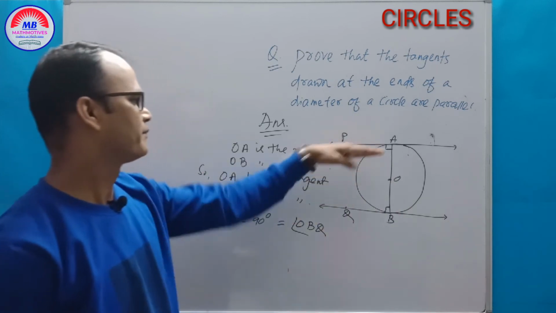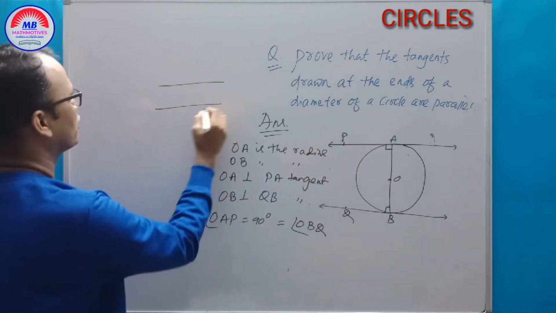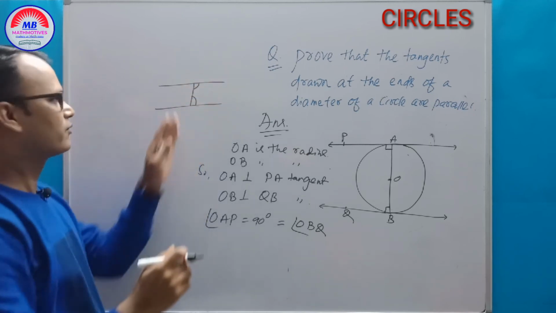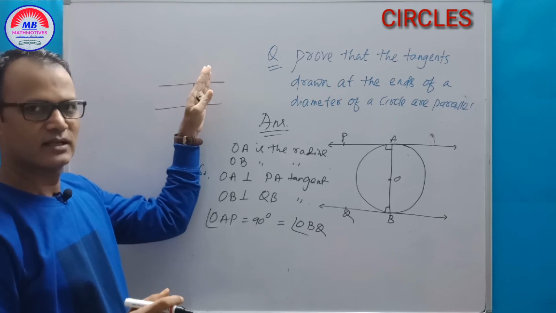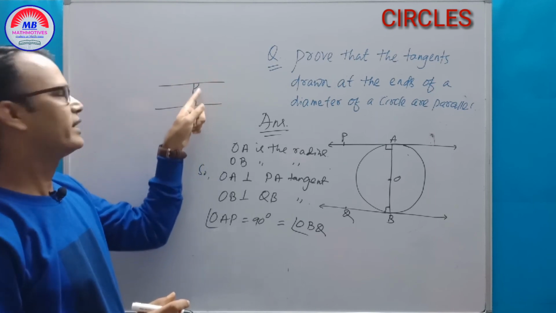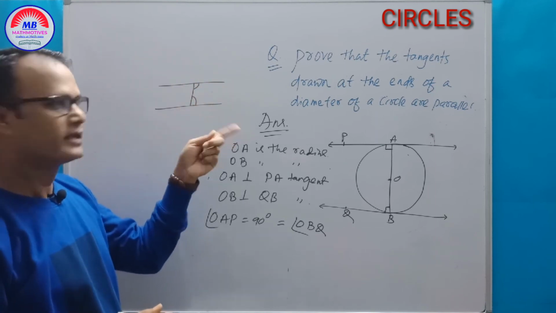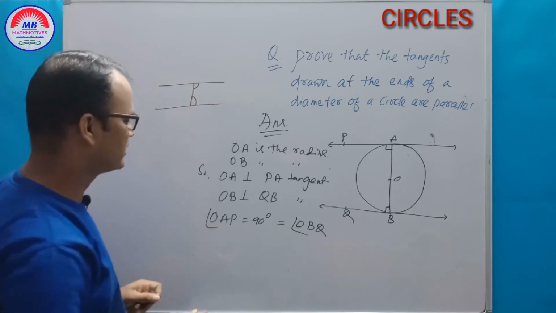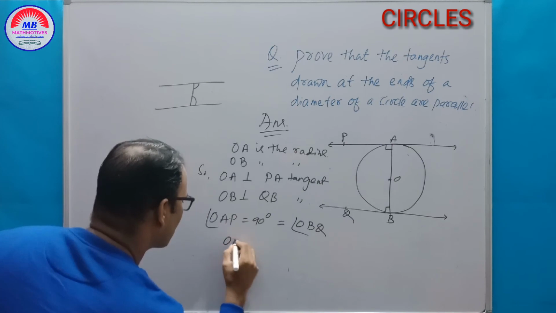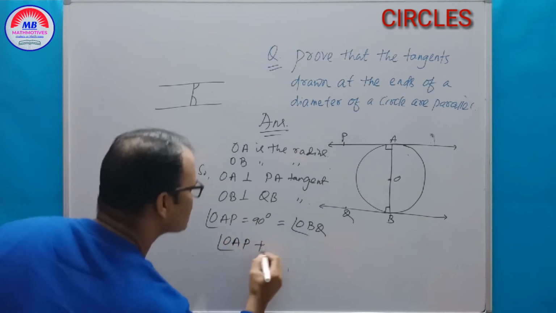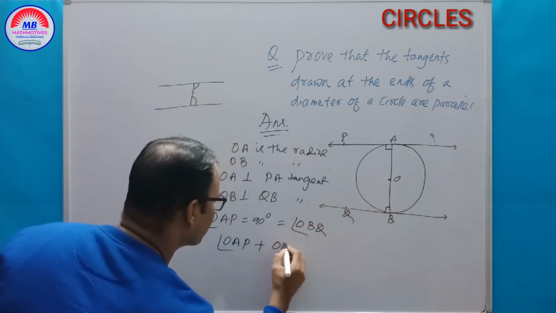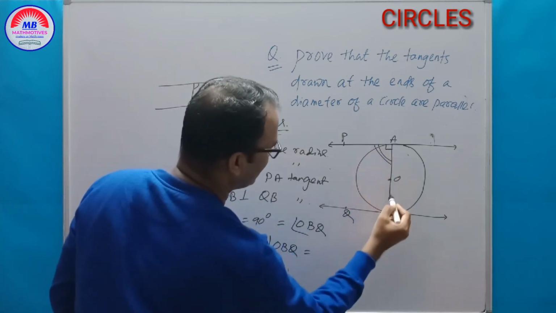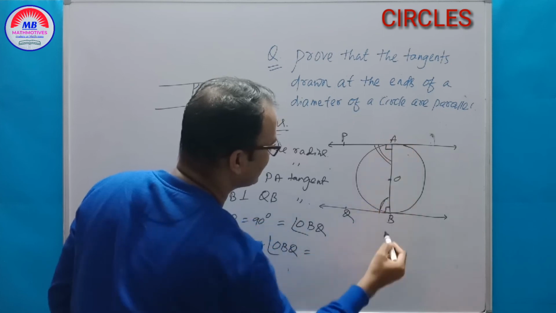Clear? You see, if two lines are drawn and the sum of their co-interior angles on one side of the transversal is 180 degree, or supplementary, then these two lines are parallel to each other. Here, angle OAP plus angle OBQ are co-interior angles on one side of the transversal.